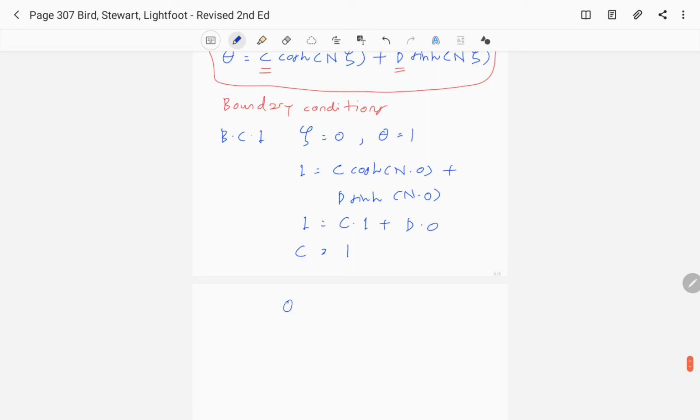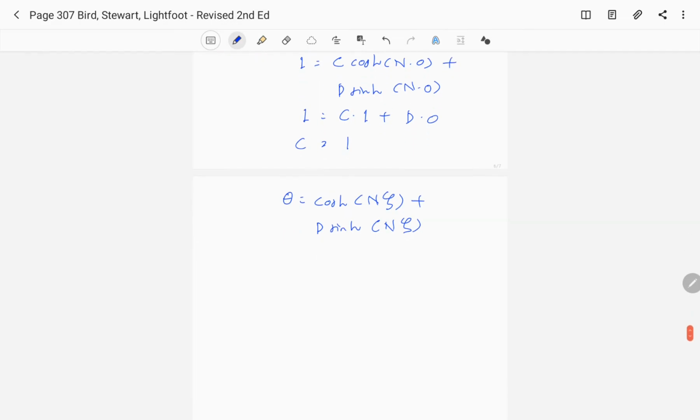As a result, your theta should be equal to cosh n dimensionless distance plus d sinh n distance.